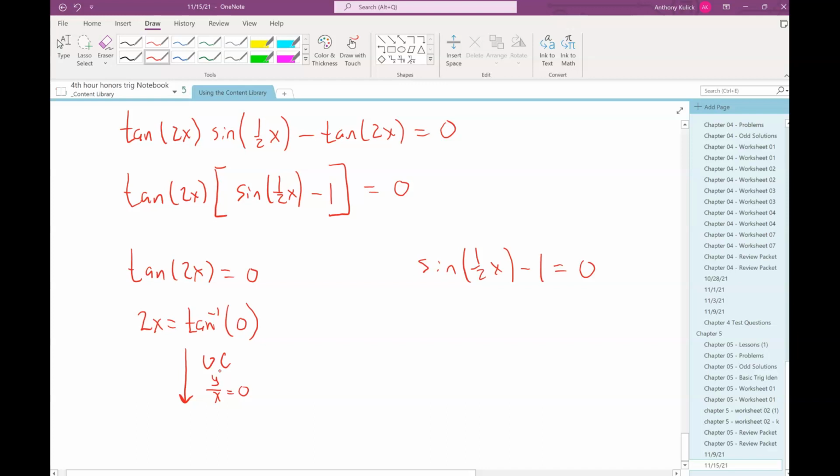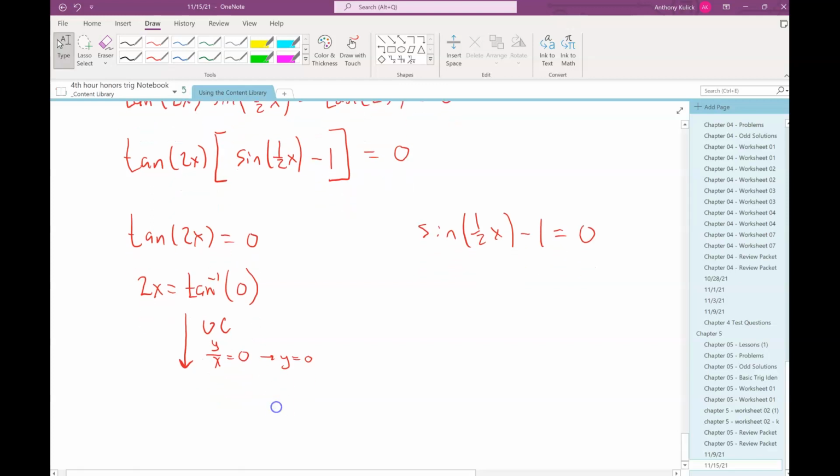So when is y over x equal to 0? Really just when y is equal to 0, right? When the numerator of the fraction is 0, the fraction is going to be 0. Particularly since x can't be 0 if y is 0 on the unit circle, because the origin isn't a point on the unit circle.